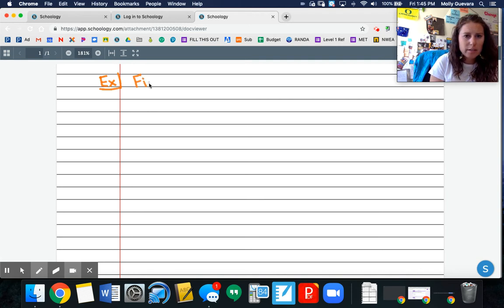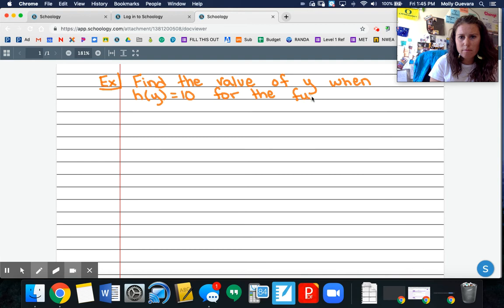So this example says find the value of y when h of y equals 10 for the function h of y equals 2y minus 4.